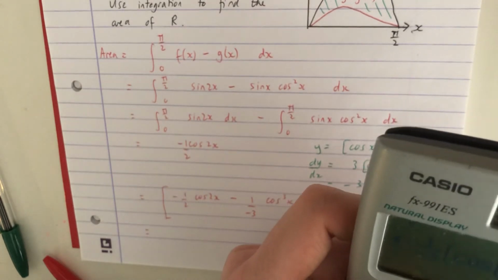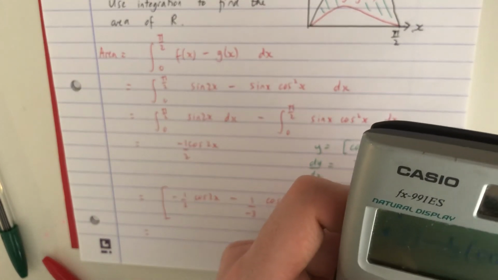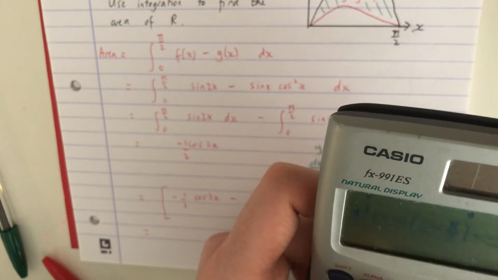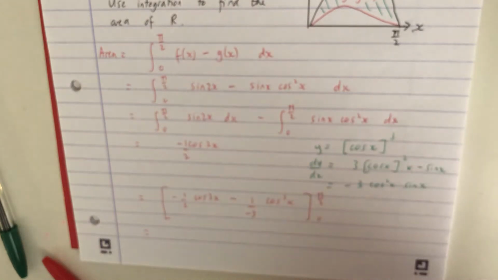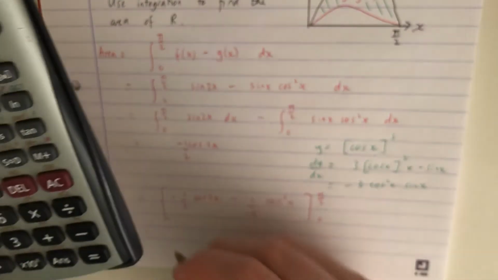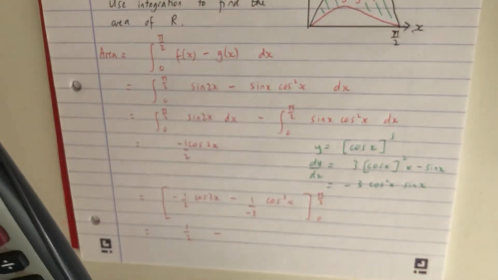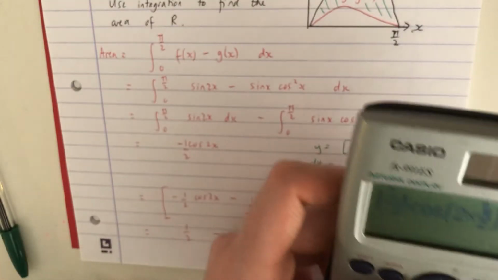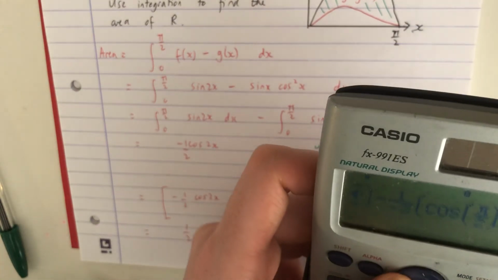Okay, this is not the easiest one to type in. Might do it in 2 steps actually. So first bit's a half, subtract, now change all of those to zeros.